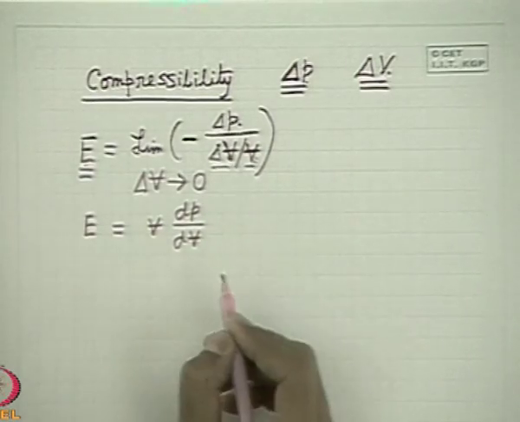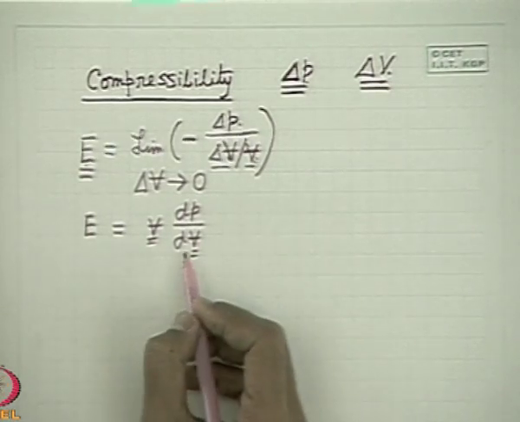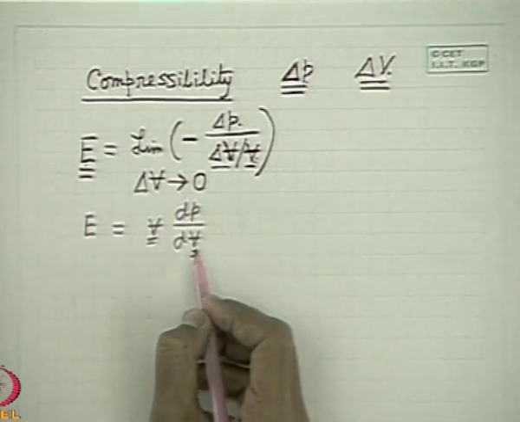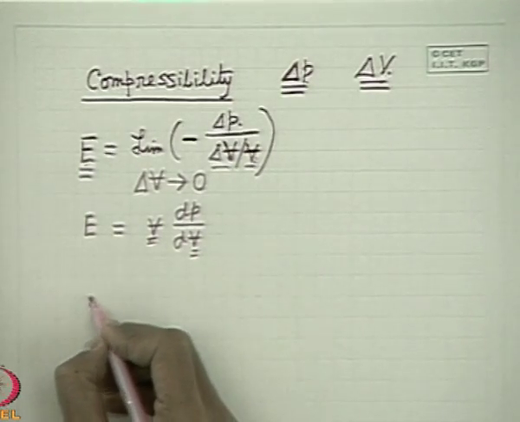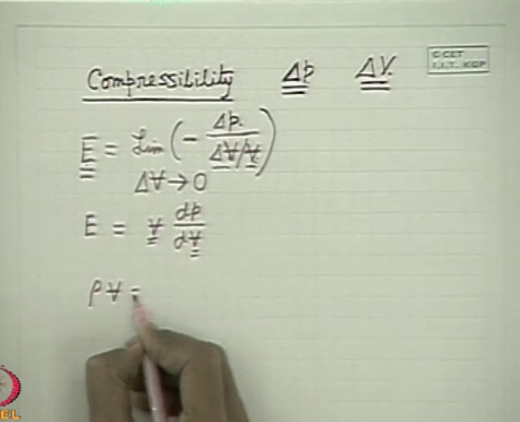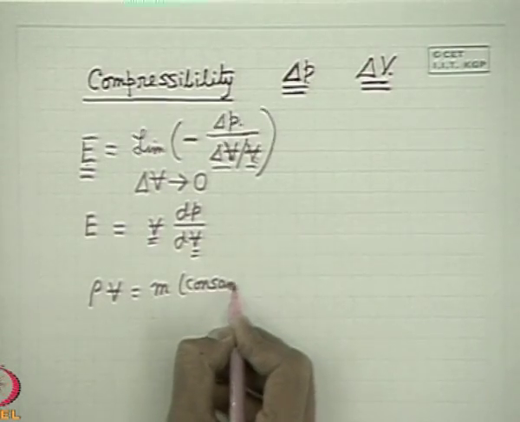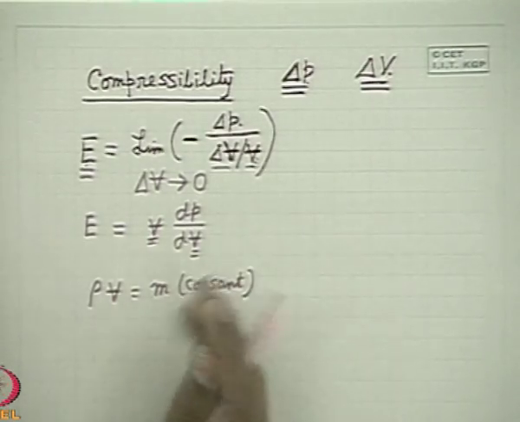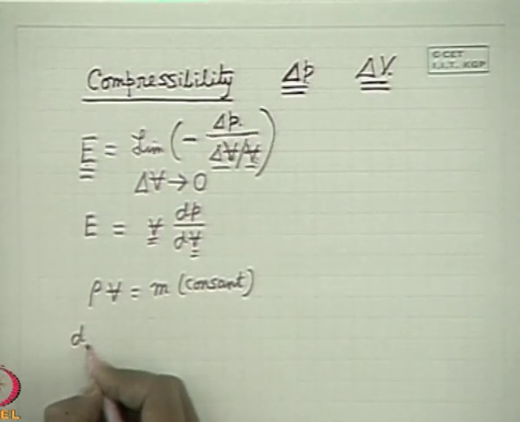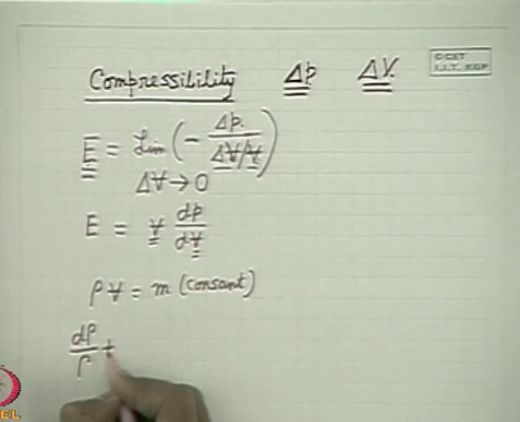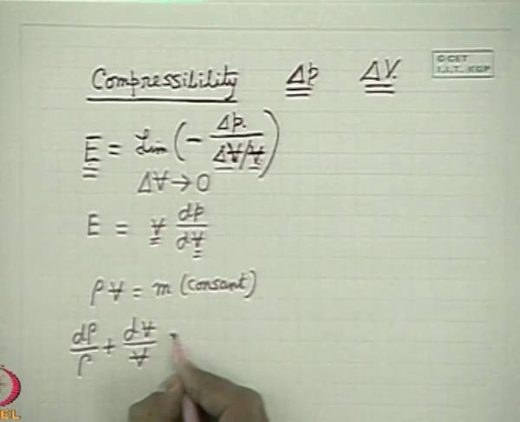Sometimes it is convenient to deal with density rather than volume. So, we can change this in terms of the density. How to do it? For a given mass of a body, rho into V is constant, that is the mass, which is constant. That means, for a given mass, a change in volume and the change in density are related in the opposite way. If we make a logarithmic differentiation, which is very simple, you have done it at school level, we get d rho by rho plus dV by V equals 0.